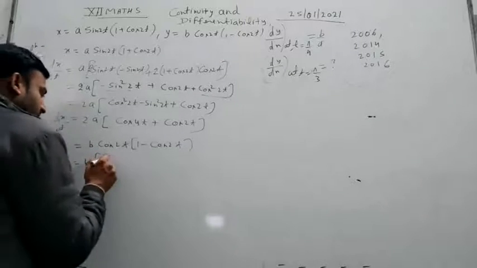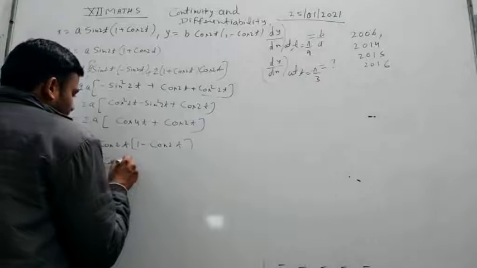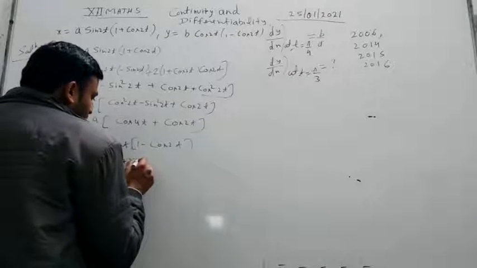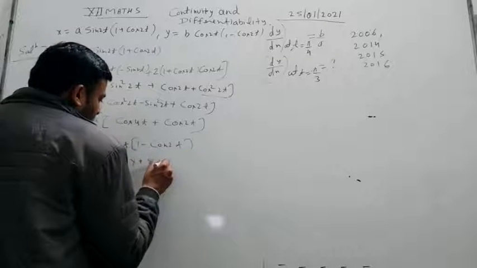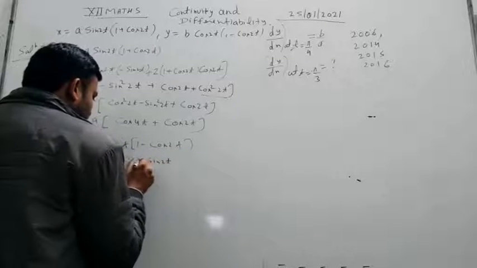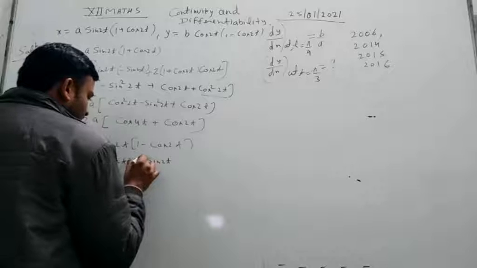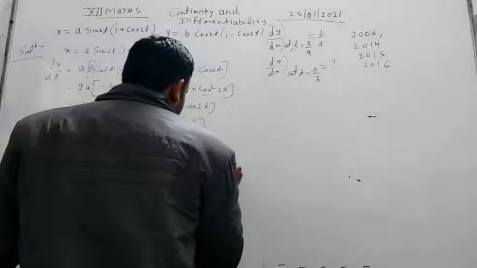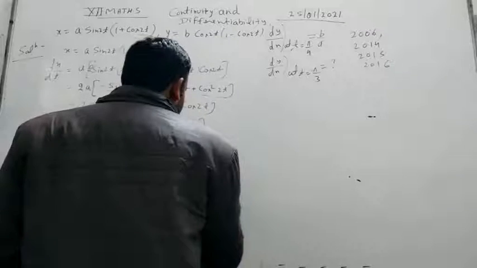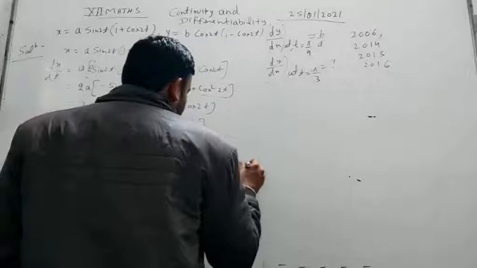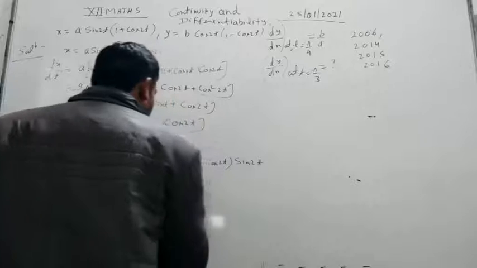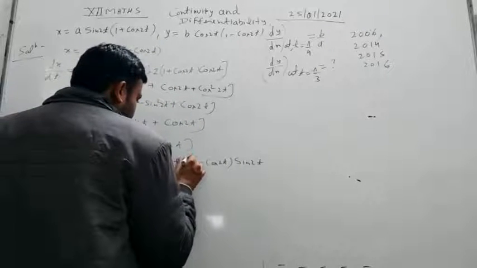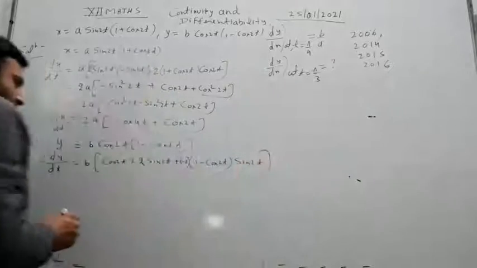This is the first function, so differentiation of second function is a plus sin 2t into 2, and plus second function, differentiation of first function is minus sin 2t into minus 2.